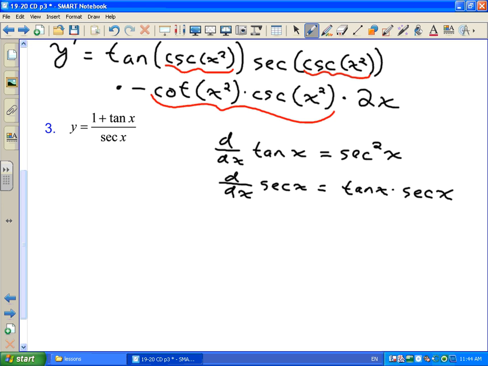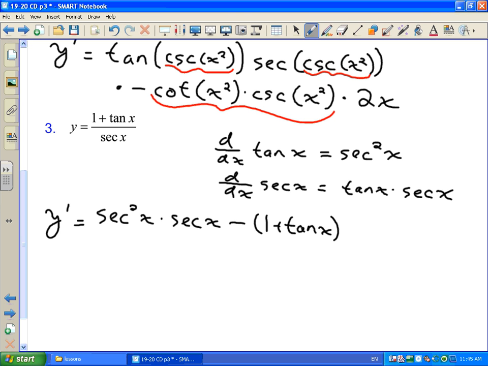And now I'm combining those using, well, what differentiation rule am I using here? Quotient rule, yeah. So let's just apply the quotient rule here. So we want the derivative of the top. Derivative of 1 is just nothing. Derivative of tan x is our secant squared x. That gets multiplied by what we have on the bottom, secant x, minus what we have on top, which is 1 plus tan x.